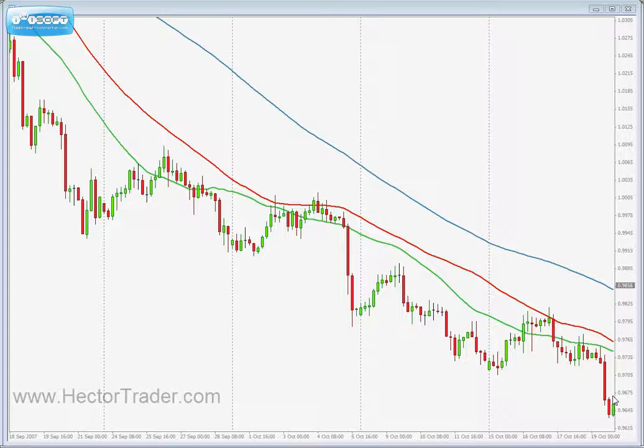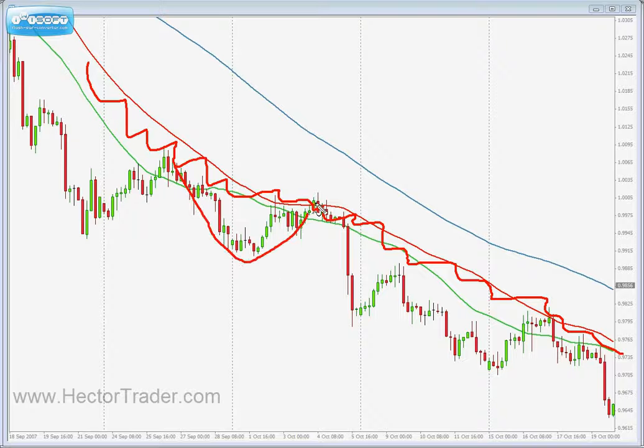Just go to your own charts, plot the 30, the 50, and the 100 simple moving average. Scroll back in time, search when they fall in order, and when they do, mark the area between the 30 and the 50. If price retraces here and breaches through, search no more.